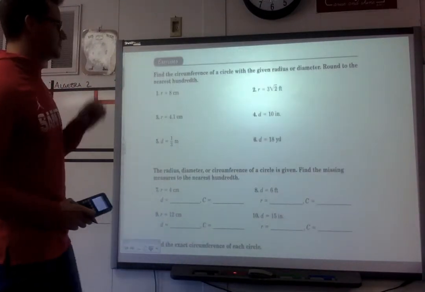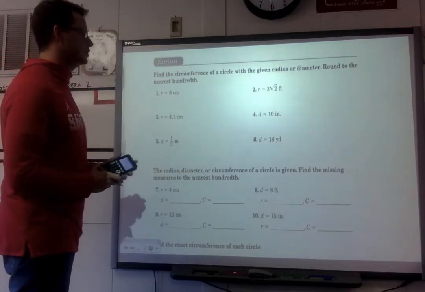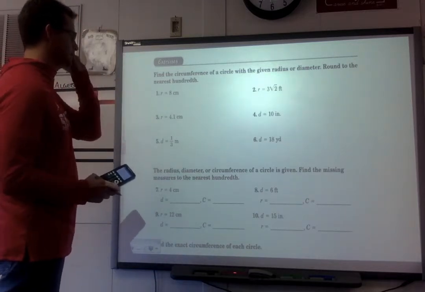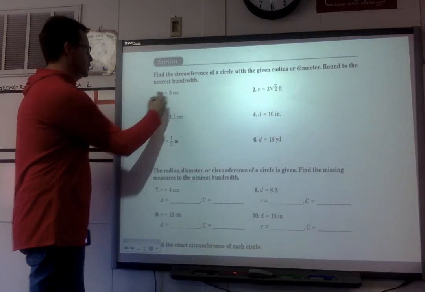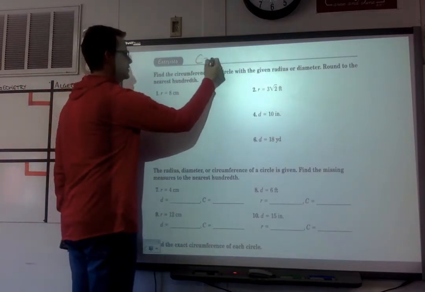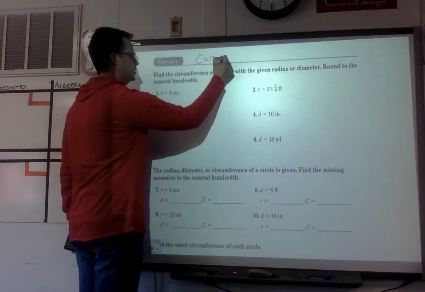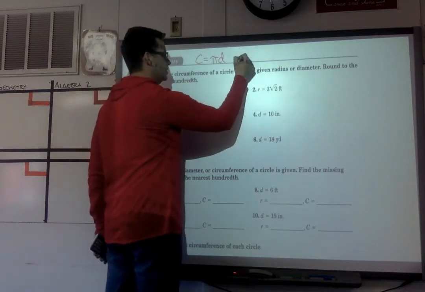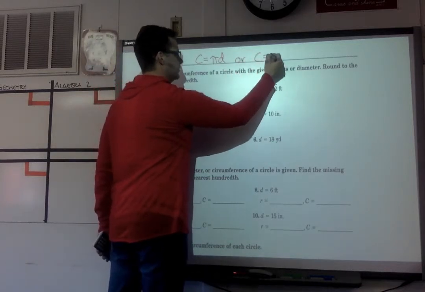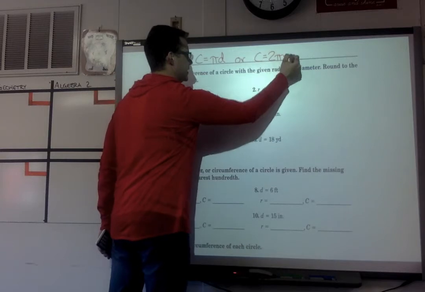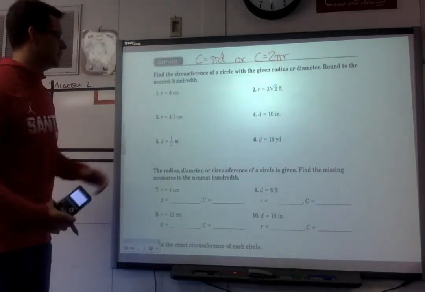So let's go ahead and get into some examples here. Find the circumference of a circle with the given radius or diameter, round the answer to the nearest hundredth. So again, circumference is equal to pi times the diameter, or circumference is equal to 2 times pi times the radius.